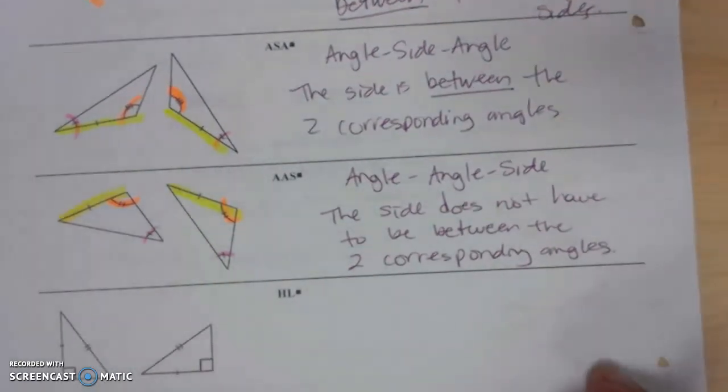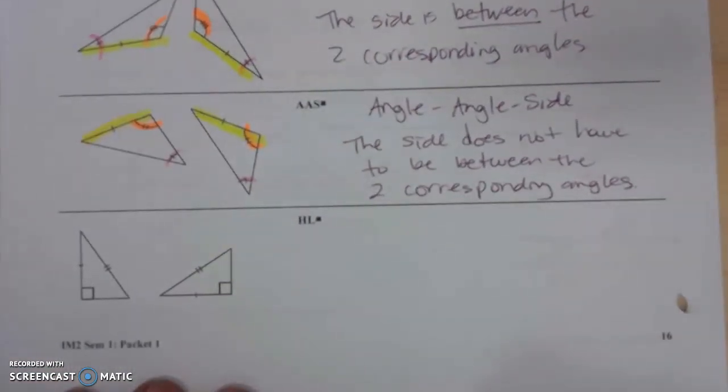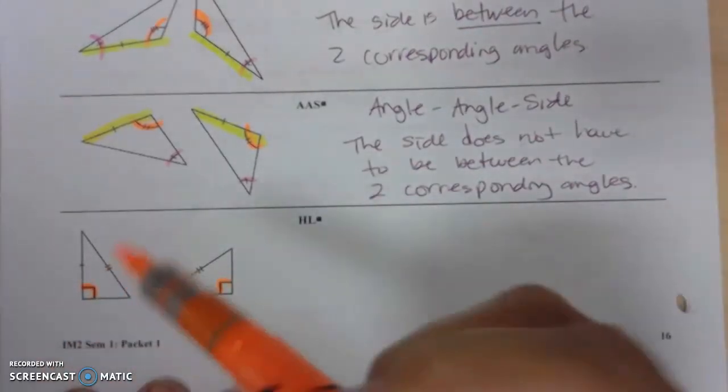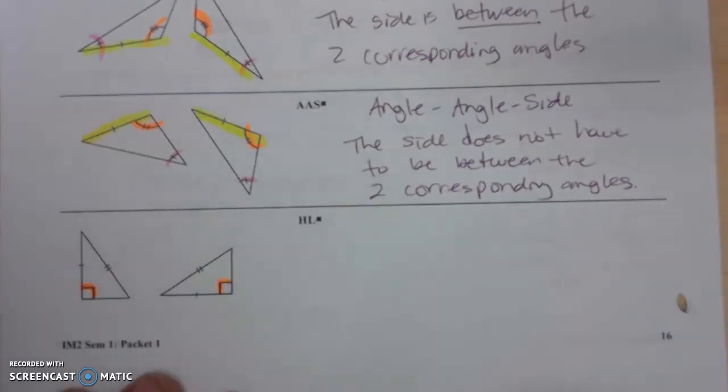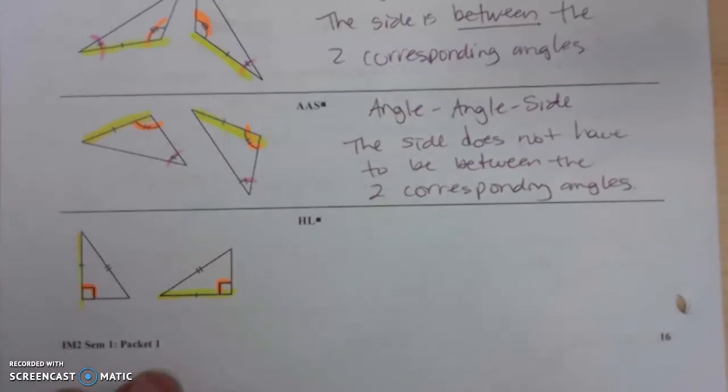All right. And there's another one, let's look at this one. So you can see we have the angle the same, and then I have a side and another side.